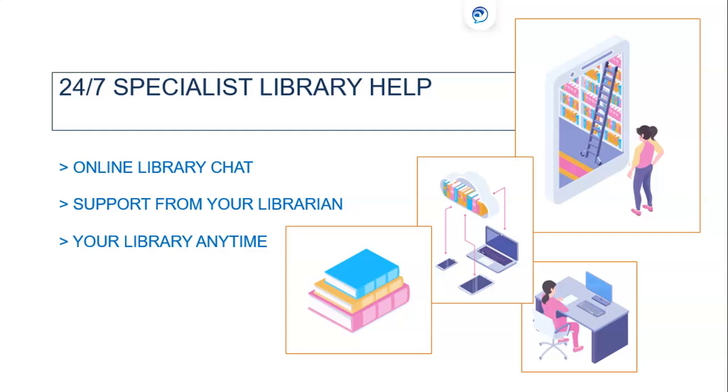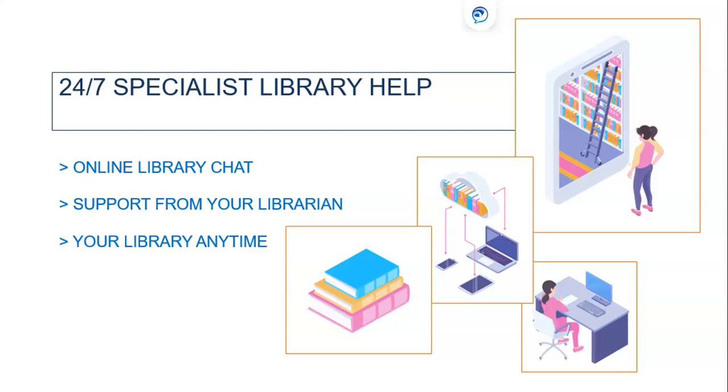We have 24/7 specialist library help. So whatever your commitments, the library is here for you 24/7. You can use library chat to get support whenever it's convenient for you. We can help you to find, understand and reference resources for your assignments.